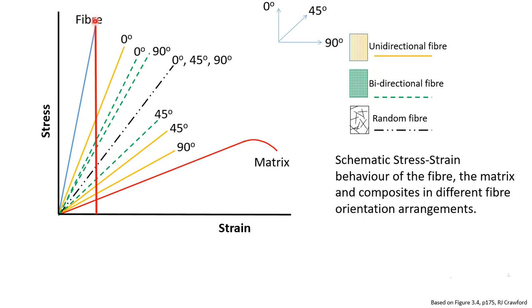So we assume that the composite actually fails once the fibers have fractured. Therefore, we will replace the ultimate tensile strength of matrix by a much lower value of the stress, which will be the stress at the strain at which fibers fail. For example, if this fiber fails at this strain, so corresponding to this strain, we can find out the stress value on the matrix, and we will use this.